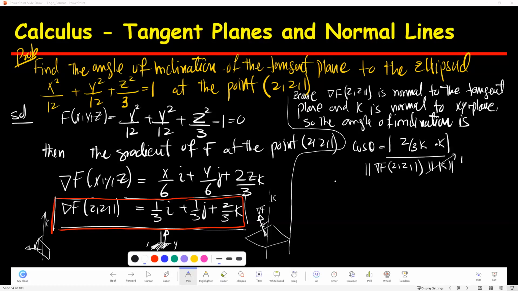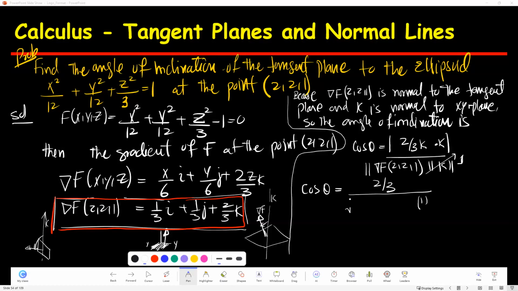So if I simplify it a little bit further, cos theta equals 2 over 3 because k times k becomes 1, so 2 over 3 is left. And the magnitude of 2 over 3 is 2 over 3, right? This cannot be negative, because after removing the mod it's still positive. In the denominator, this guy becomes 1, so I'm going to write 1 here.